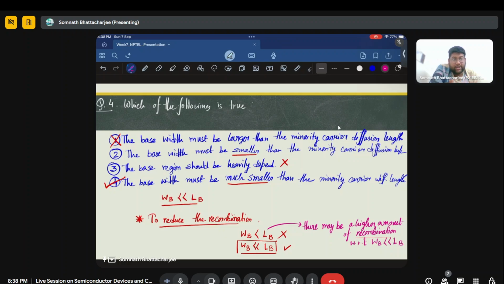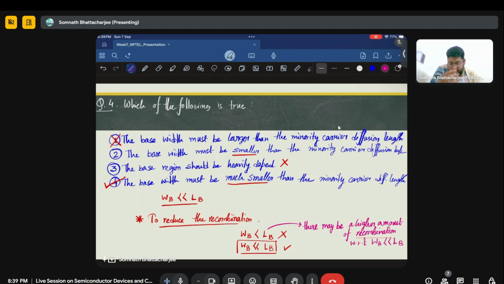Because it's the average length. We don't know whether an exact minority carrier will recombine before or after that average length. So there may be a higher amount of recombination if WB is not much less than LB. We're not assuming there is no recombination in the base region.